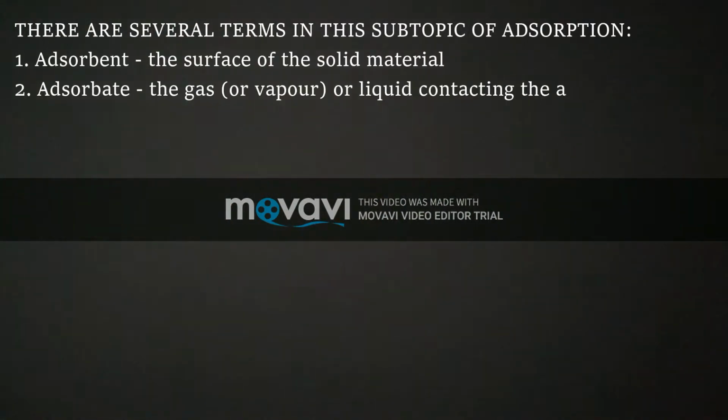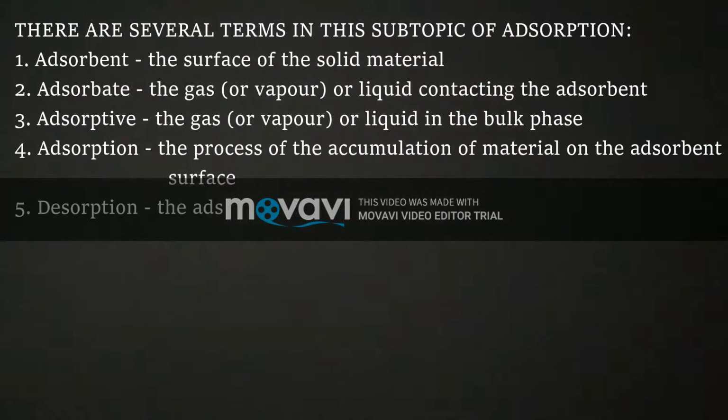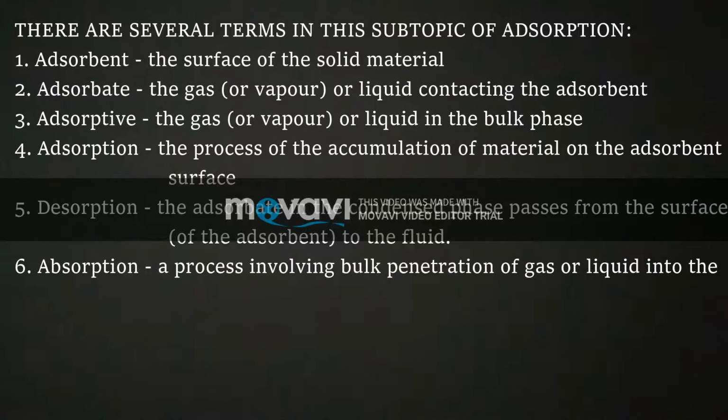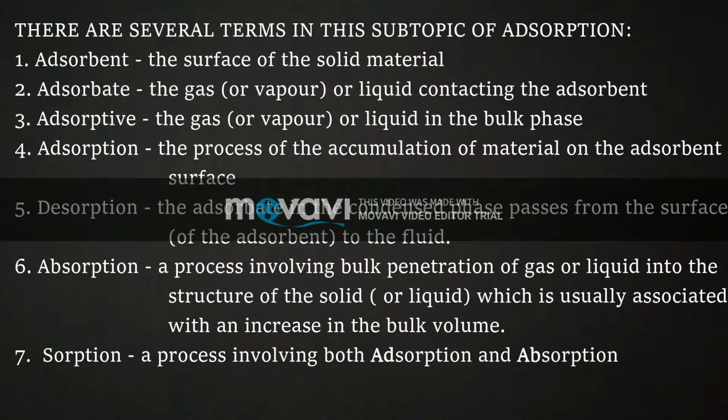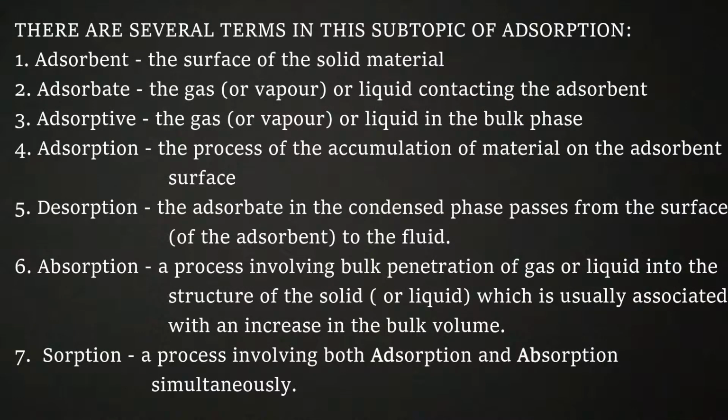There are several terms in this subtopic of adsorption. The first one is adsorbent. Adsorbent is the surface of the solid material. Next, adsorbate. Adsorbate is the gas or vapor or liquid contacting the adsorbent.